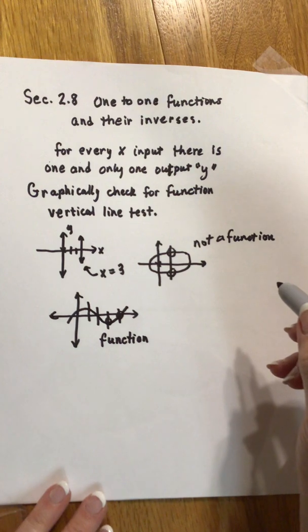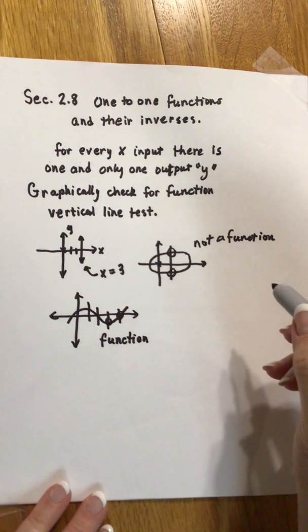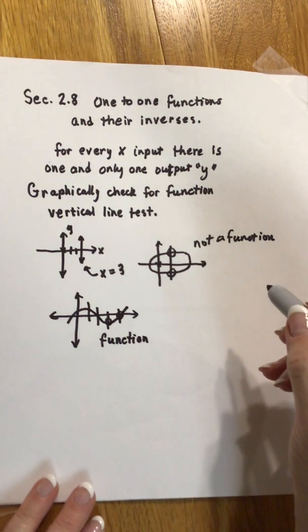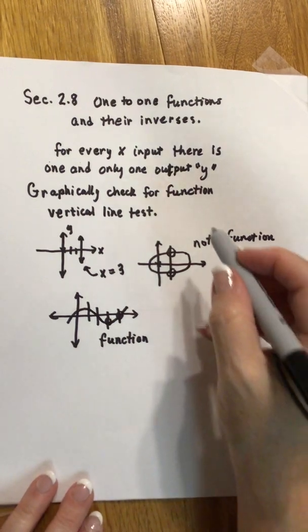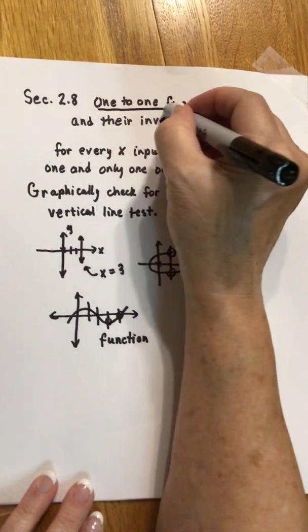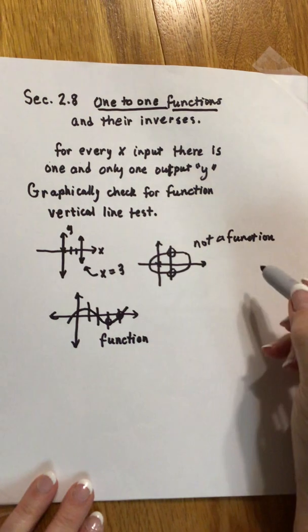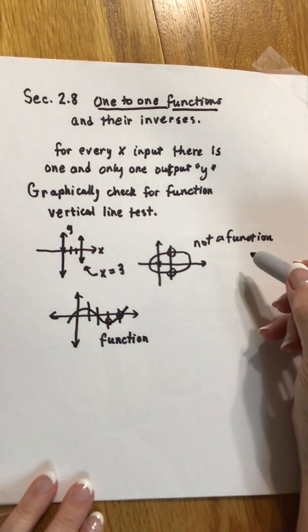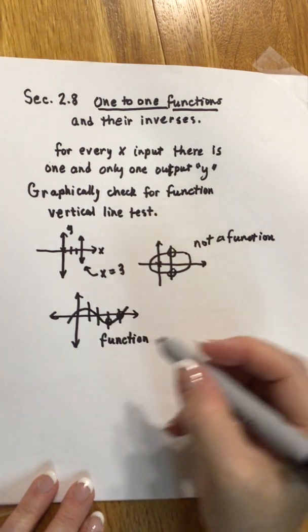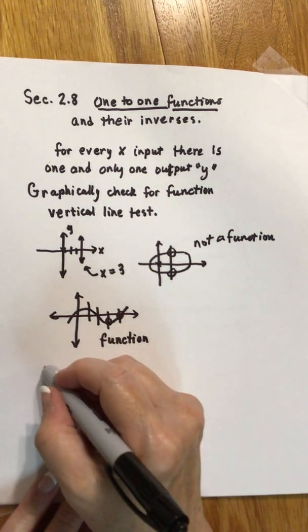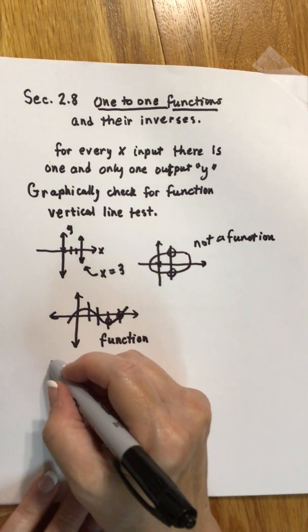So graphically we're now going to look at what we call a one-to-one function. So our section says one-to-one functions. So that must be something different than just being a function. The one-to-one function says for every x there's only one y, but it also says the reverse of that. For every y there's only one x.